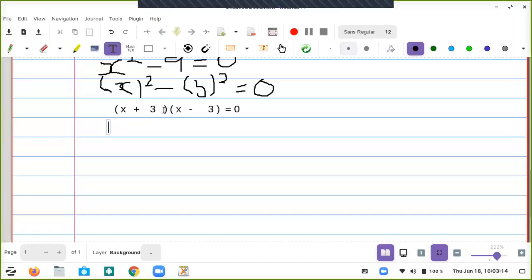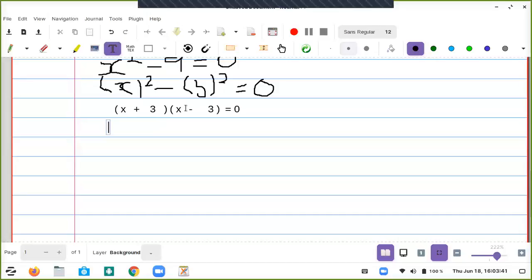So if the first factor, x plus 3, is equal to 0, in other words, if the bracket is equal to 0, it means it's 0 times the second bracket. Any number multiplied by 0 gives you what? 0. That's the reason why if the first bracket is equal to 0, then we multiply by 0 to come up with 0.